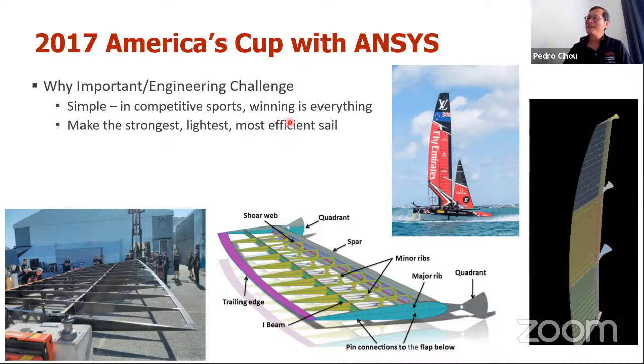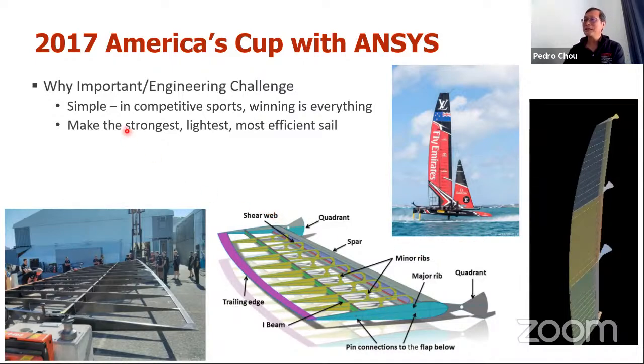No, you are there to win. And so the New Zealand team used Ansys to optimize the sail. The sail is probably one of the most important parts of the yacht, because you're capturing the wind and transforming that wind into speed for the yacht. So you want this sail to have certain characteristics so that you can optimize the speed of your yacht.